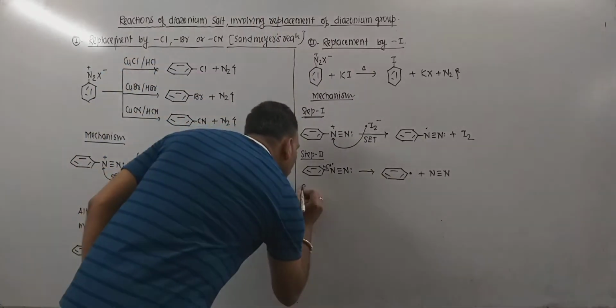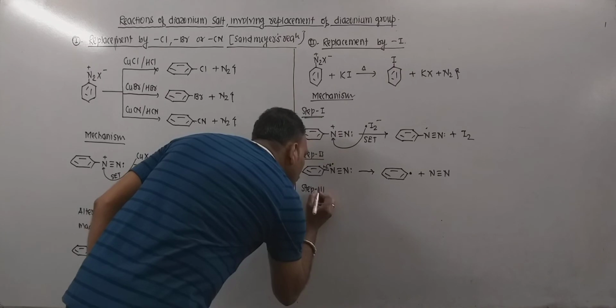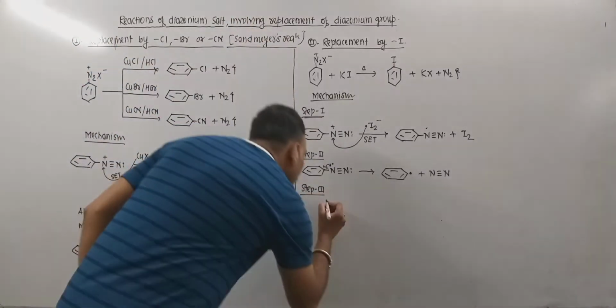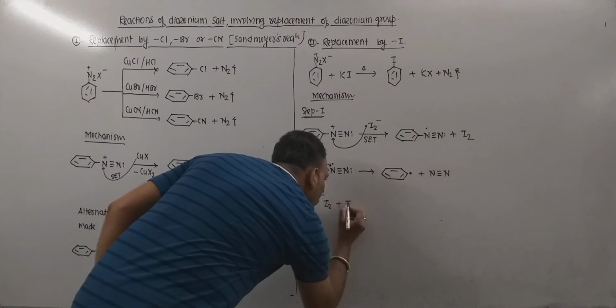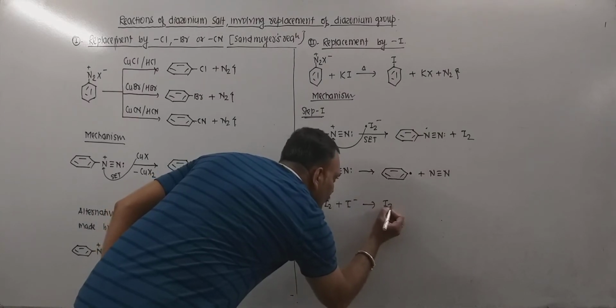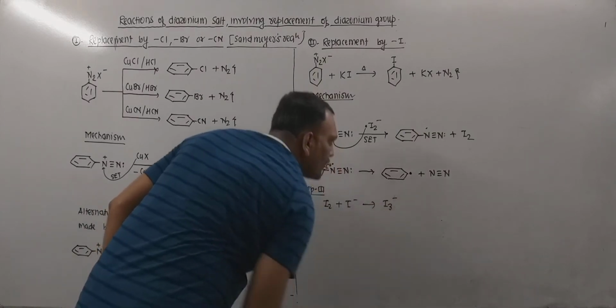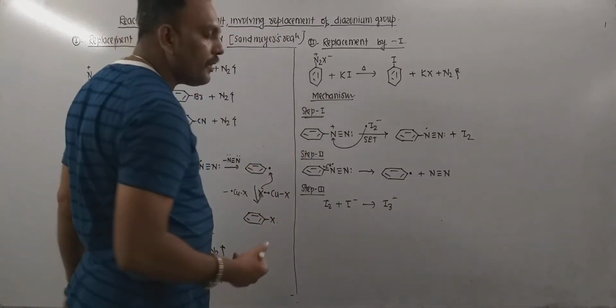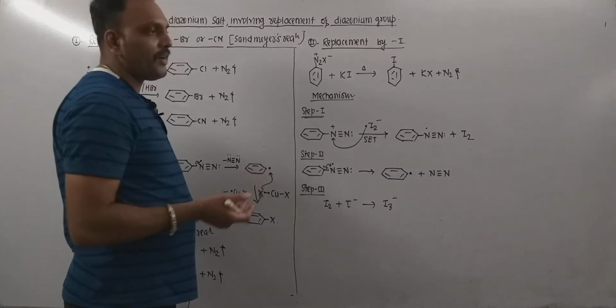Now step number 3 is the most important step. Earlier I explained that I2 when combined with I minus leads to the formation of I3 minus. This is the polyiodide ion, the simple polyhalide ion of iodine.